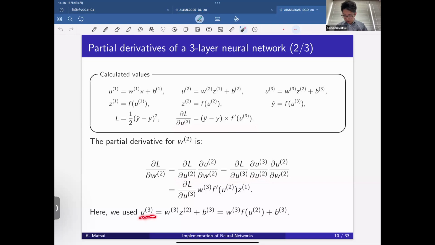U3 is W3 Z2 plus B3. So U3 is equal to W3 f(U2) plus B3. So dU3 dU2 is W3 f prime U2.